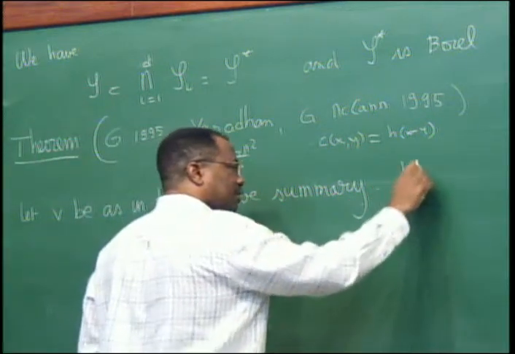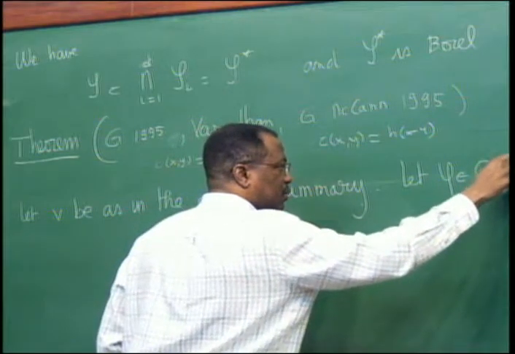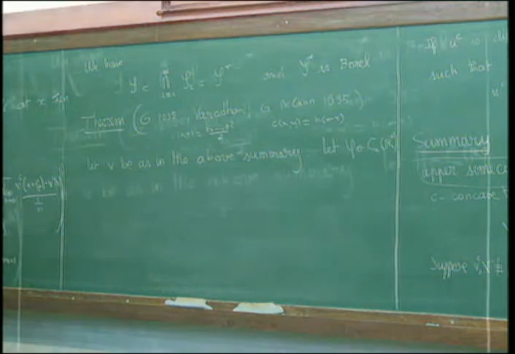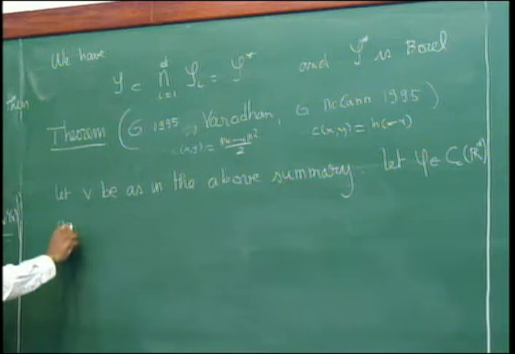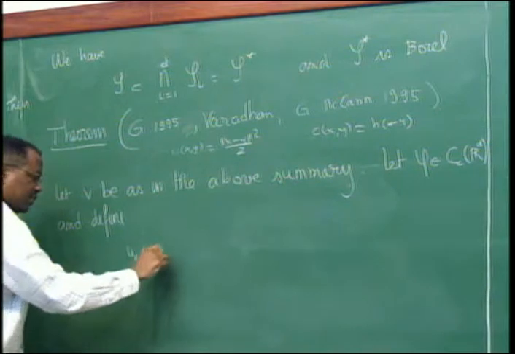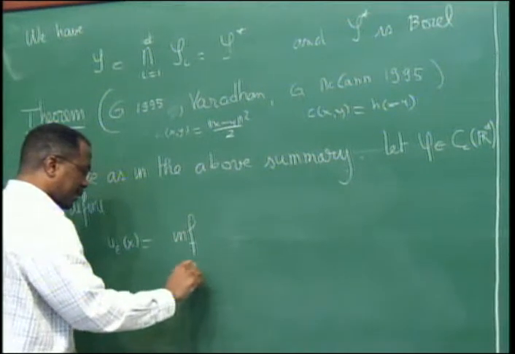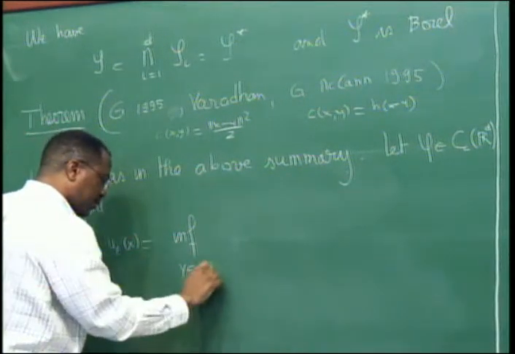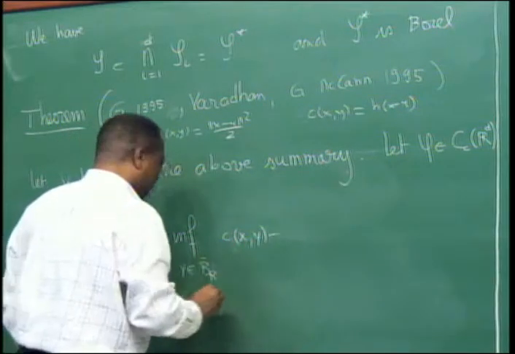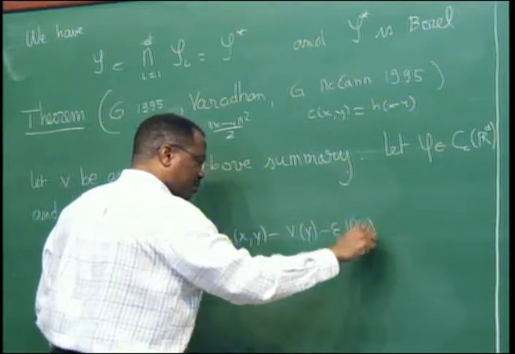Let phi be a continuous function of compact support, and define U epsilon of x to be the infimum over y in the ball of radius R of c(x,y) minus V of y minus epsilon phi of y.